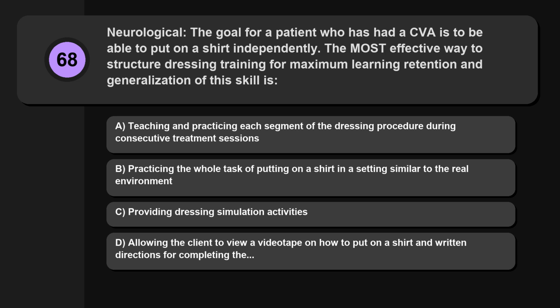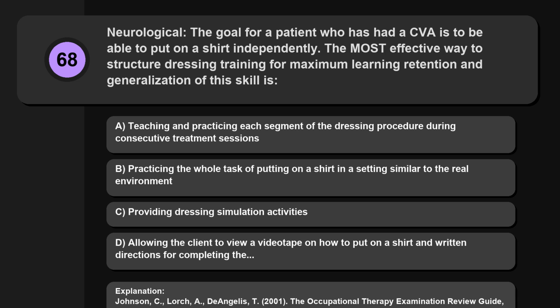Option C, providing dressing simulation activities. Option D, allowing the client to view a videotape on how to put on a shirt and written directions for completing the task. The correct answer is option Nan. Johnson, C., Lorch, A., DeAngelis, T., 2001. The Occupational Therapy Examination Review Guide, 2nd edition, page 118.